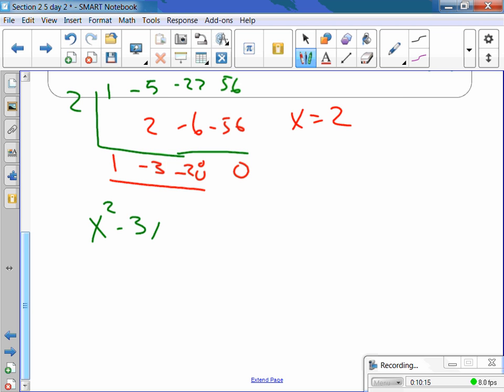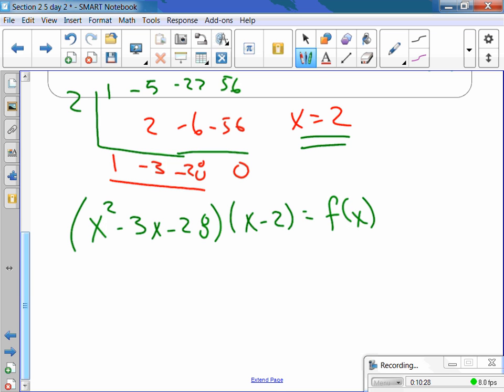So I took my f of x, right? My x equals 2 was my zero, which means x minus 2 is my factor. So the third degree polynomial we started off with has now been reduced to x squared minus 3x minus 28 times x minus 2. So now there is no reason to use synthetic division anymore.